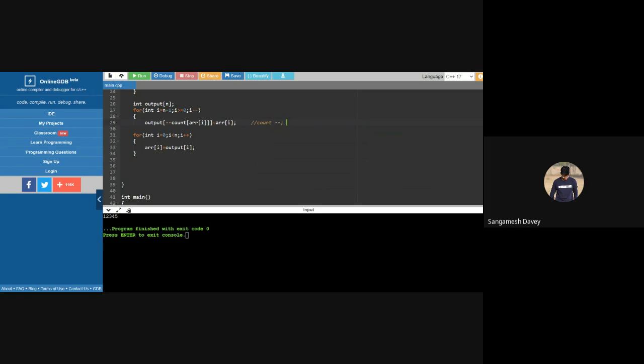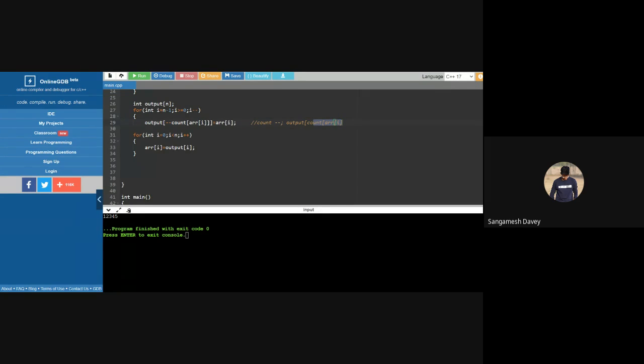Once you're done with count minus minus, tell me the count of ARR of 5. Tell me the count of 3. Tell me the count of 4. How much is the count over there? Okay. And in that position, you place the ARR of 5.